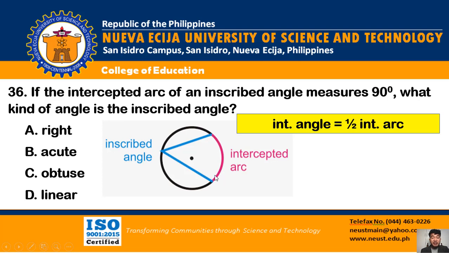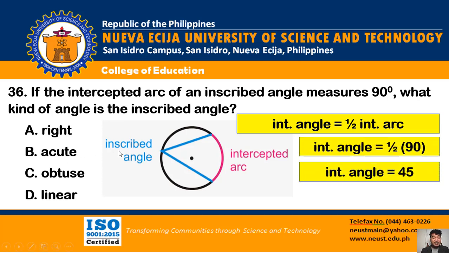Meaning, if the intercepted arc is 100, then the inscribed angle is equal to 50. Here, the intercepted arc is 90 degrees, so the inscribed angle is 1/2 of 90, which is 45. What type of angle is 45? That is an acute angle, or letter D.